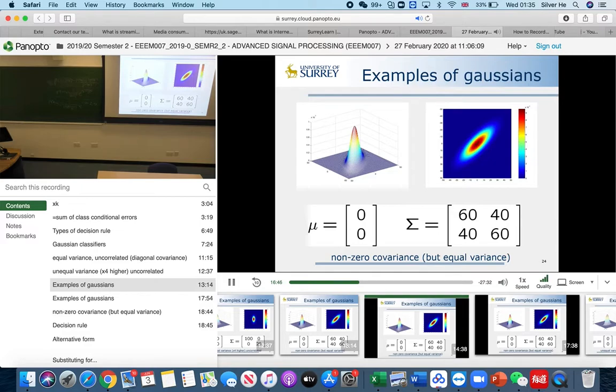The reason that this doesn't happen for normal distributions is that normal distributions are completely determined by their second order statistics, so squares, correlations, and so on. This is not really part of the course, but it's useful to know anyway. Whereas for higher order statistics, this strange ring shape isn't like that.